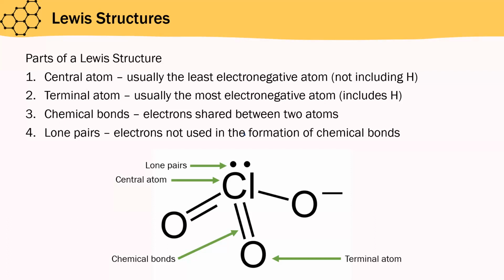Why is it that the central atom needs to be less electronegative than the terminal atoms? Because remember that atoms will pull the electrons. If you have a central atom that is more electronegative, that may not be possible because it will not pull the electrons towards the center.